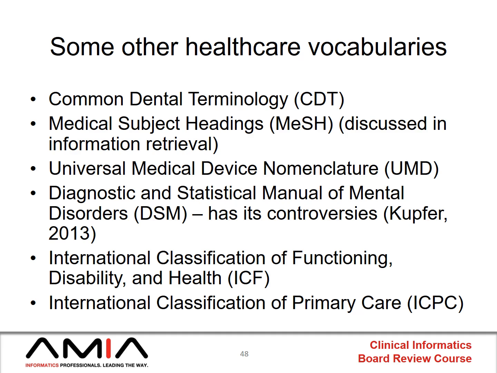There's the Diagnostic and Statistical Manual of Mental Disorders, or DSM, a sometimes controversial classification of psychiatric and psychological disorders. There's the International Classification of Functioning, Disability, and Health, which, as the name implies, focuses on areas of function and disability. There's also the International Classification of Primary Care, or ICPC, which classifies the activities of primary care.